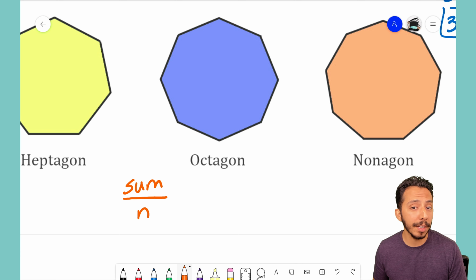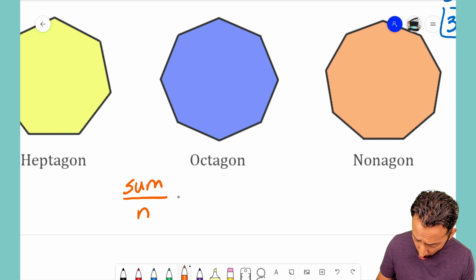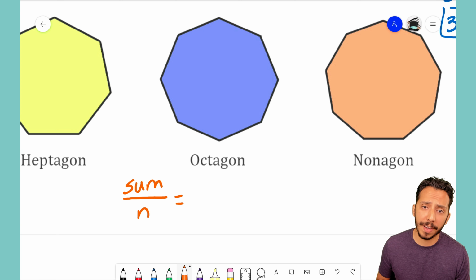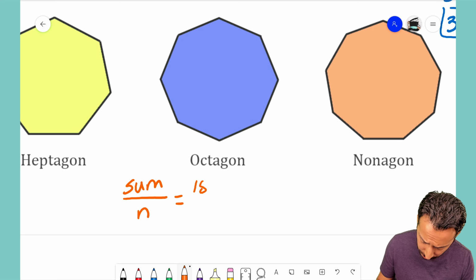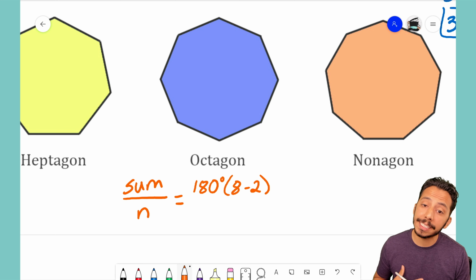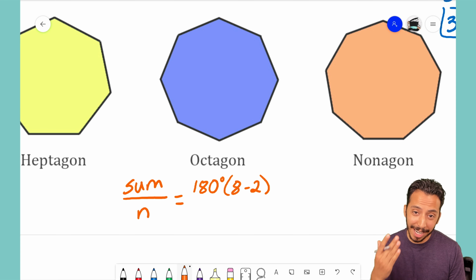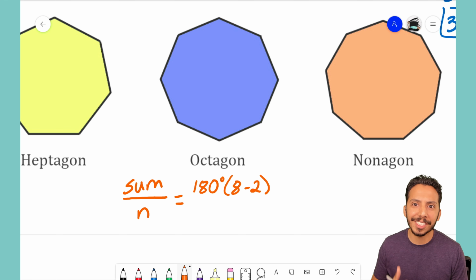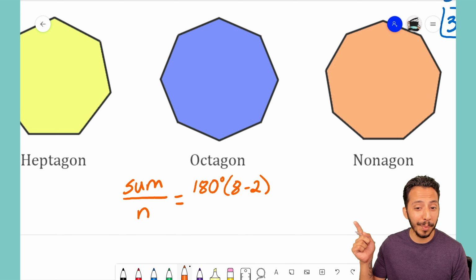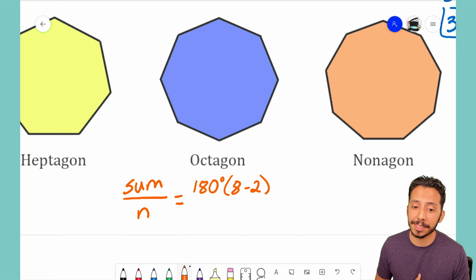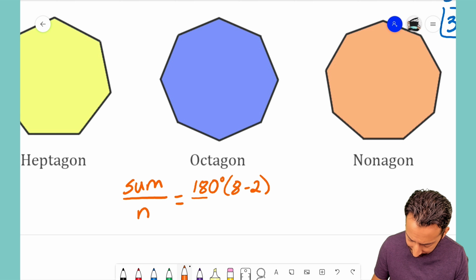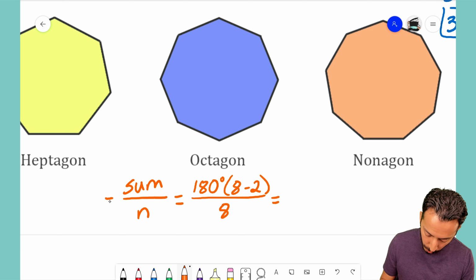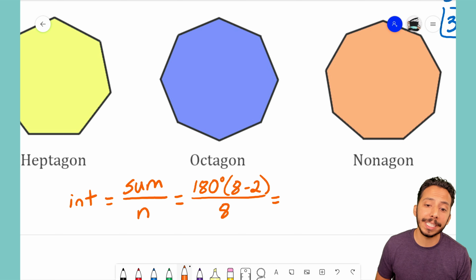Let's say you forgot what the sum of the interior angles is for an octagon. Remember, we do have a formula: 180 degrees times n minus 2, or in this case, 8. Remember, we cut the octagon up into triangles earlier and determined that formula. So I'm going to take 180 times 8 minus 2, all over 8. That's going to tell me what one interior angle is.